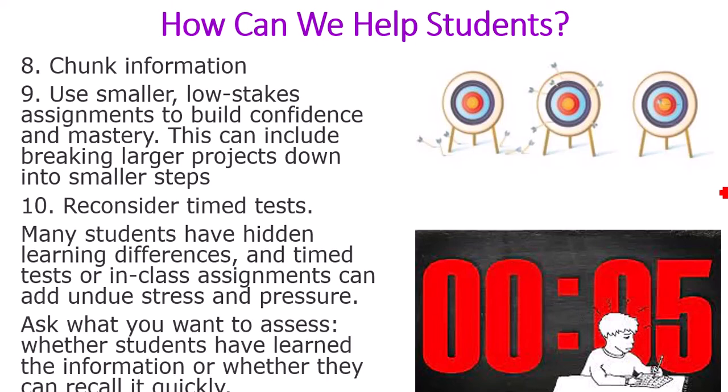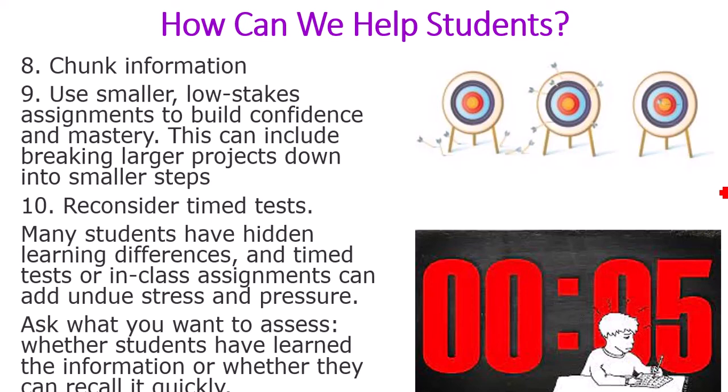And I would just encourage people to think about what they want to assess. Do you want to know whether the student has learned the information or whether they can recall it quickly? Because the thing about a lot of these learning differences is that the neurological cognitive processing just works differently.